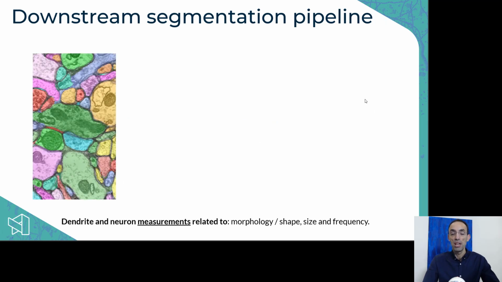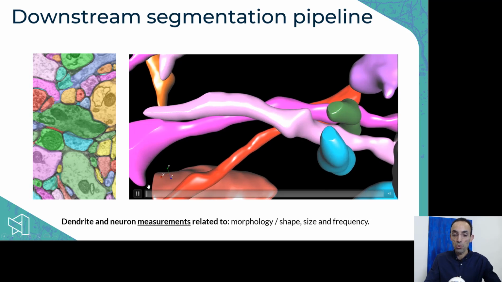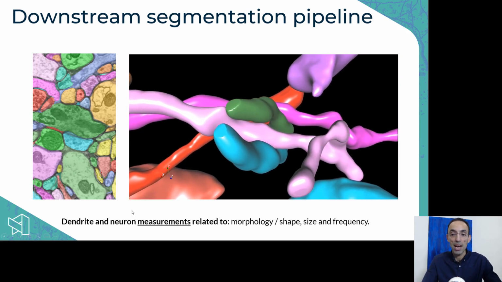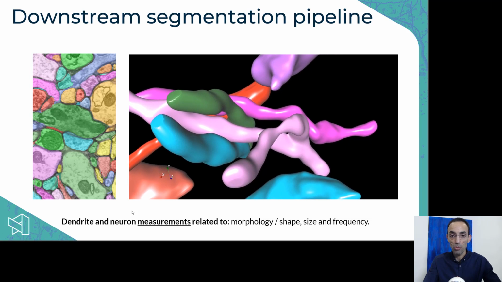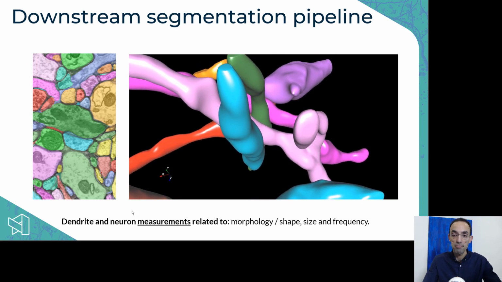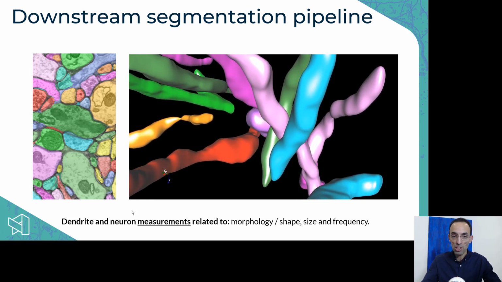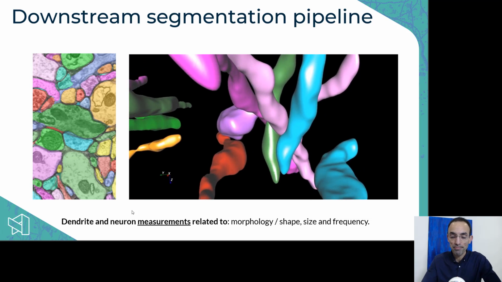So downstream, those data sets look like this. I think you're an expert in this space perhaps, so you'll know what the electron microscope image will look like. The segmentation map in 2D will look like this, and then in 3D we can create nice mesh renderings of the neurons that are detected, and animate it for any purpose, for publication or just for a lab meeting.